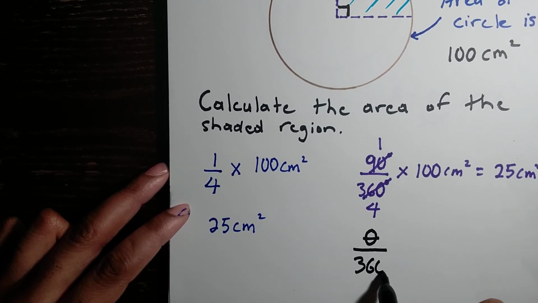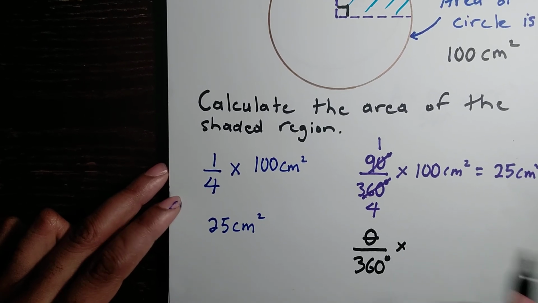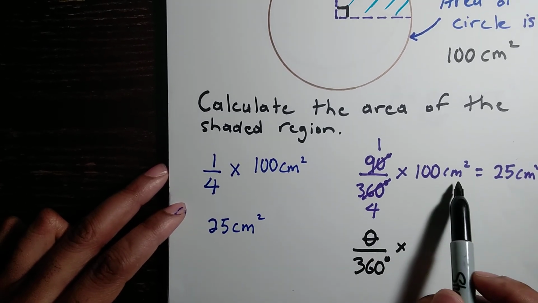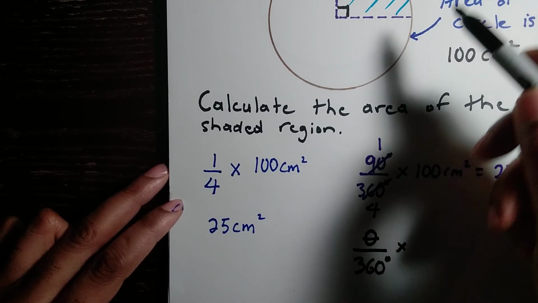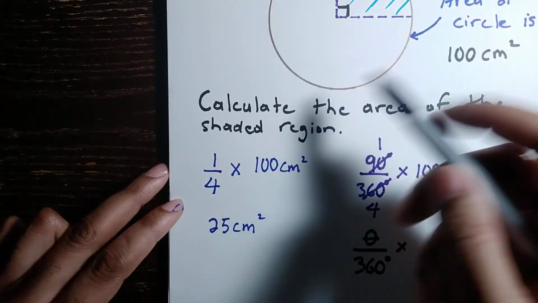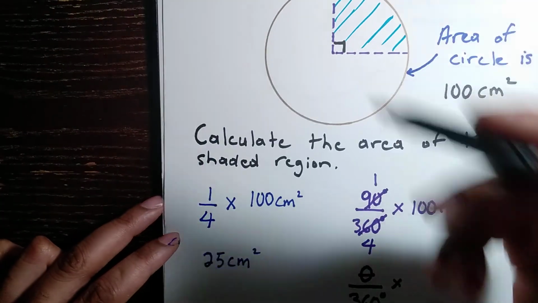Theta over 360 degrees. Now, 100 centimeters squared represents the area of the whole circle. Based on the question, it's the area of the whole circle.